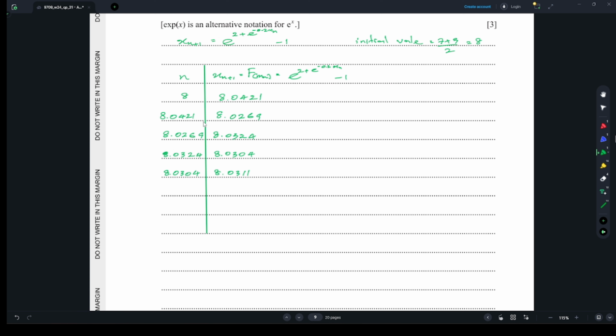Again, no. Then 8.0311 we substitute, so we will receive 8.0308. Still no. Now we substitute 8.0308.